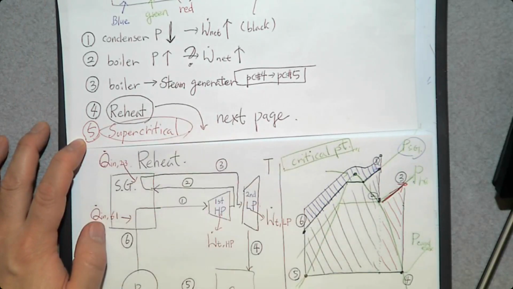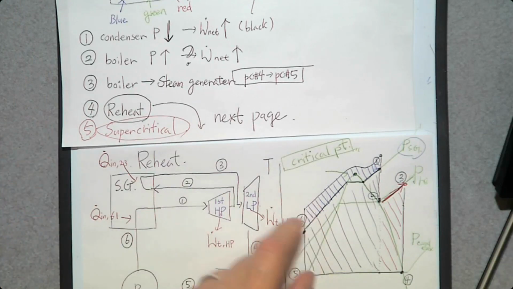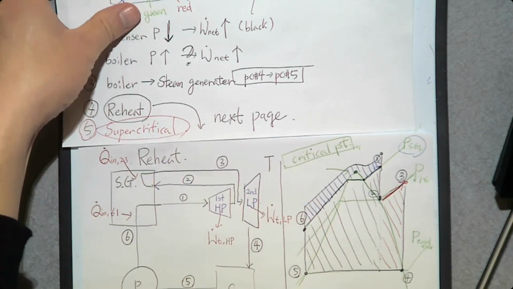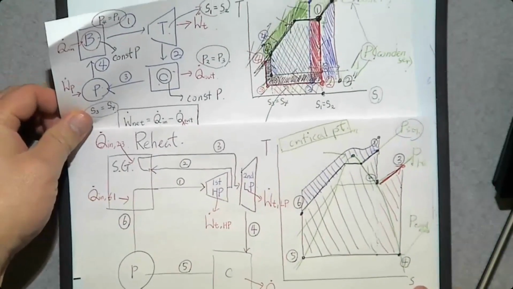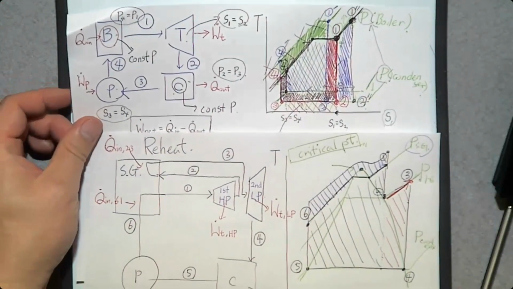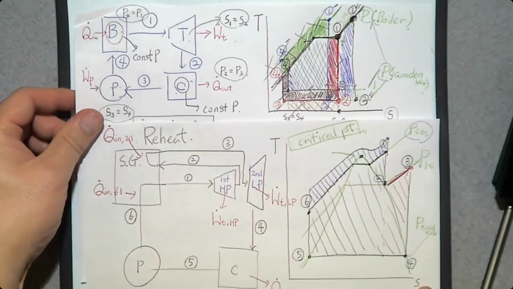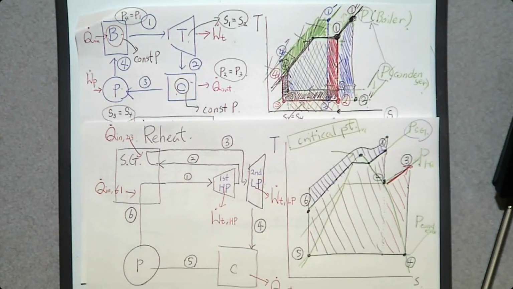Reheat process. That's going to add this blue. Okay. So there are 5 modifications that you can make. Any question? That's everything about Rankine cycle.